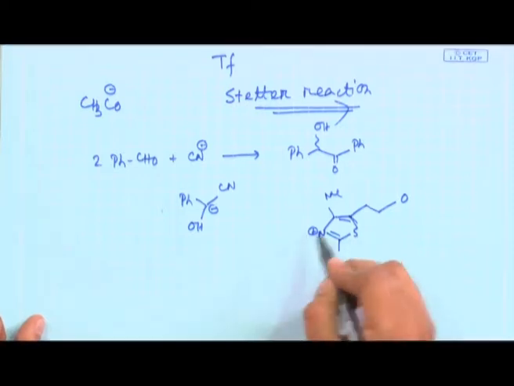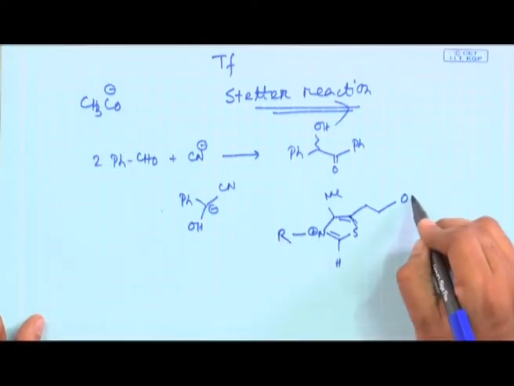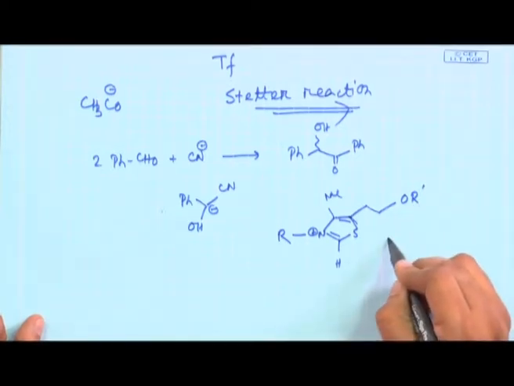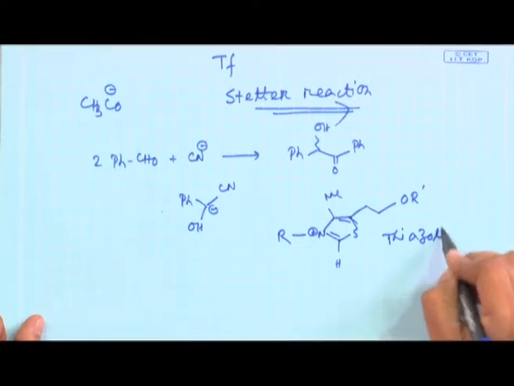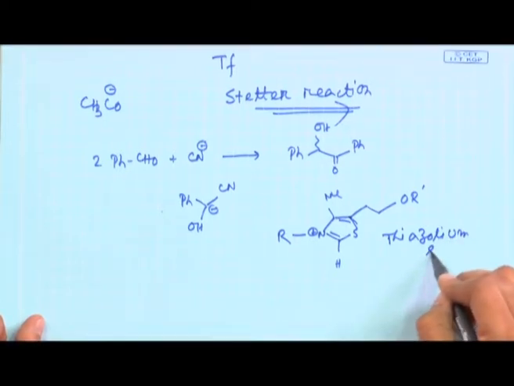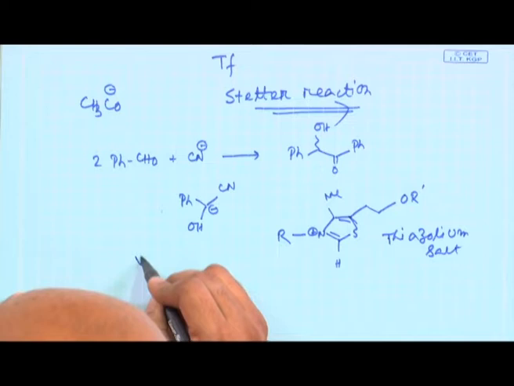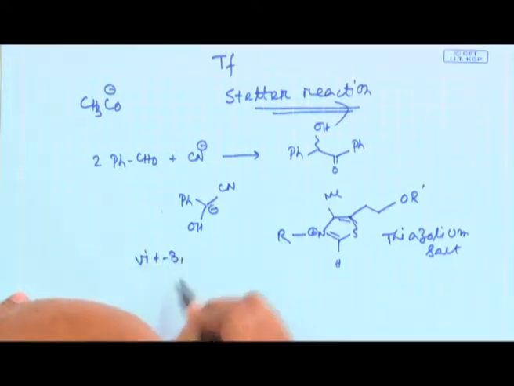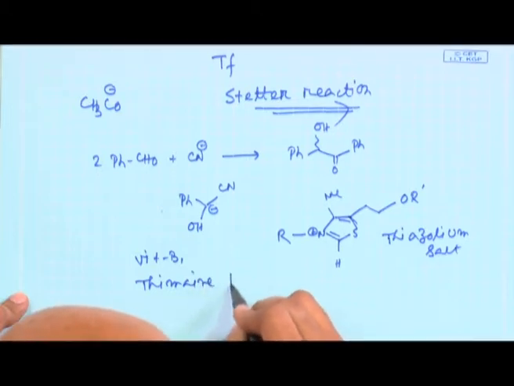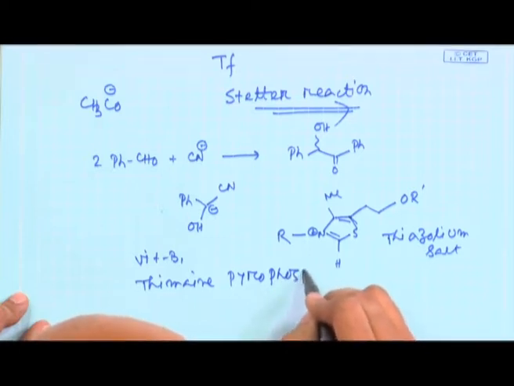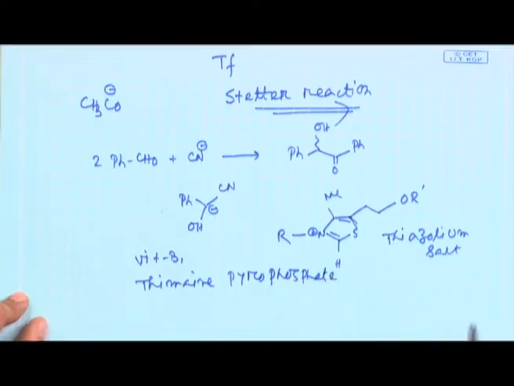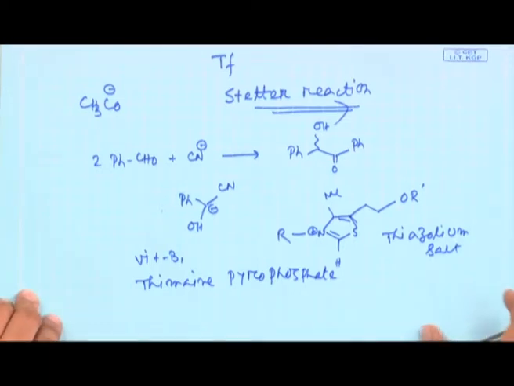Now, this kind of thiazolium species is named as thiazolium salt. They are commercially available. Now, vitamin B1, its name is thiamine pyrophosphate. Vitamin B1 is also known to catalyze this kind of reaction by exactly the mechanism similar to the benzoin condensation mechanism.